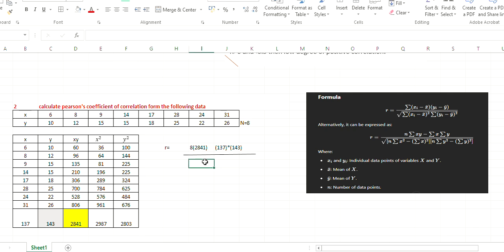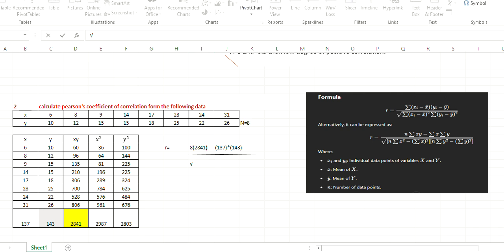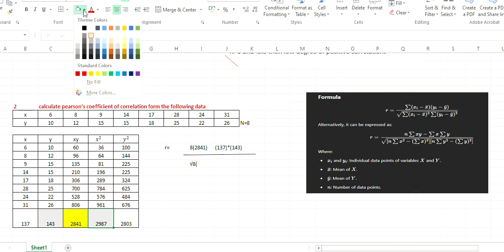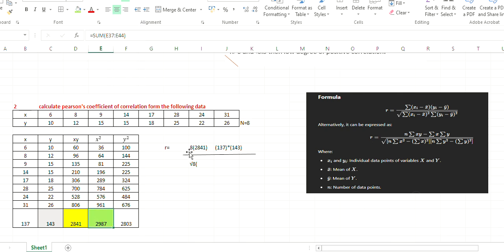Divided by square root of n, that is 8, square root of n into summation x square. So what is summation x square? This is summation x square. So write that, 2841.